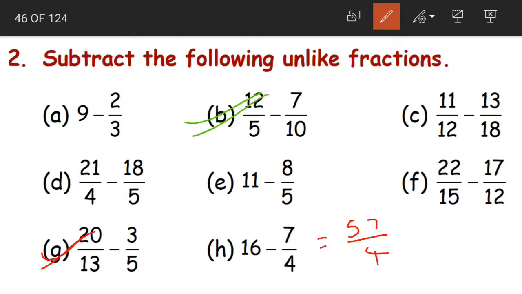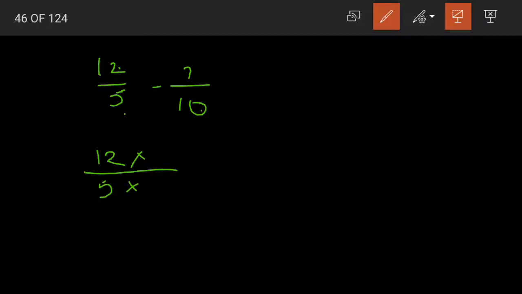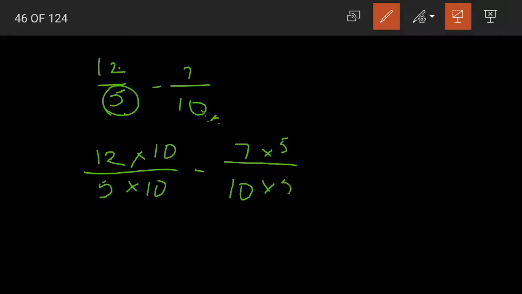Say question B, 12 by 5 minus 7 by 10. What did I say? The first fraction is to be multiplied by the denominator of the second fraction, that is 10, and 7 by 10 will be multiplied by the denominator of the first fraction, that is 5.